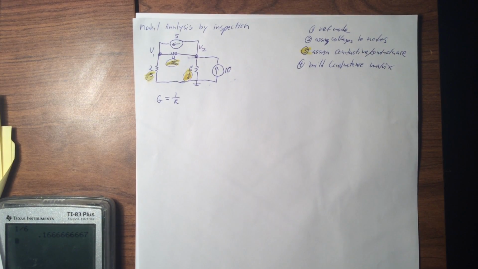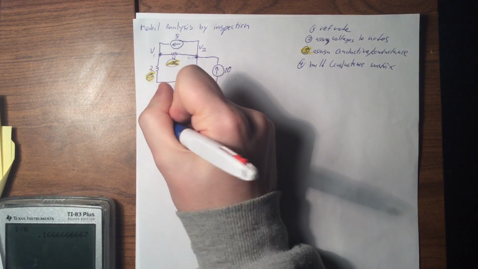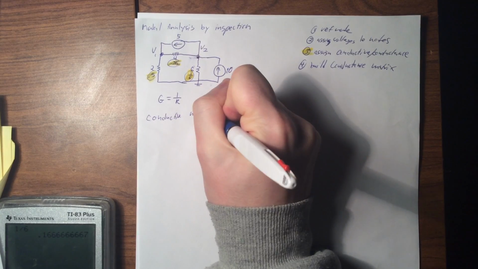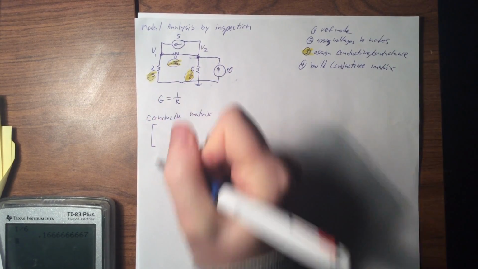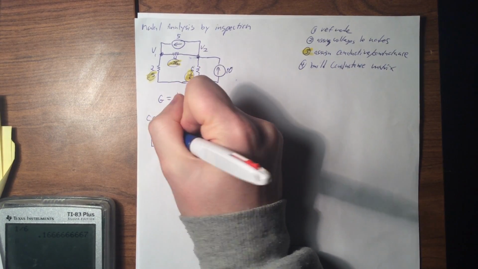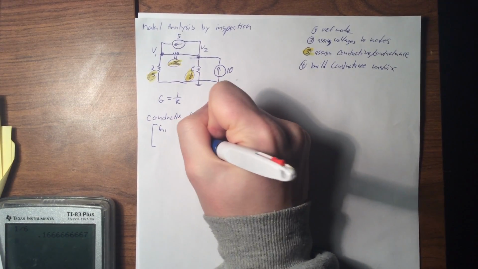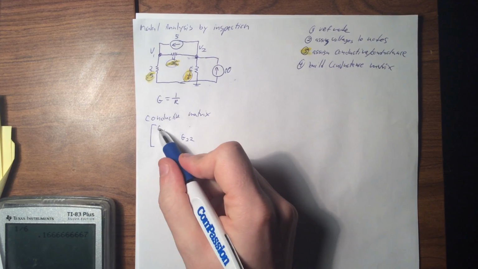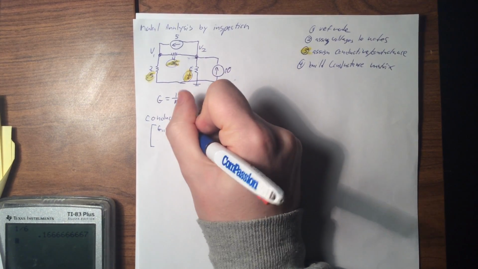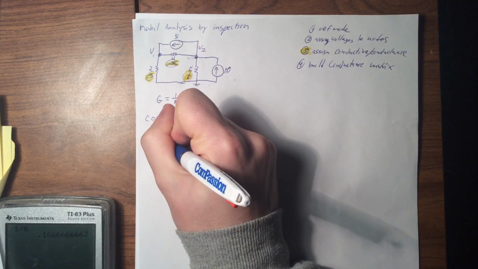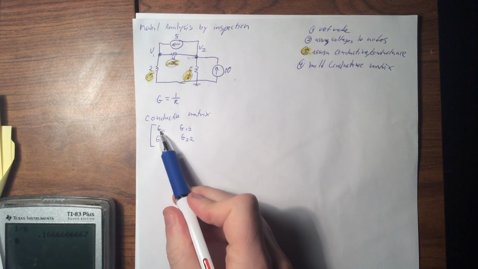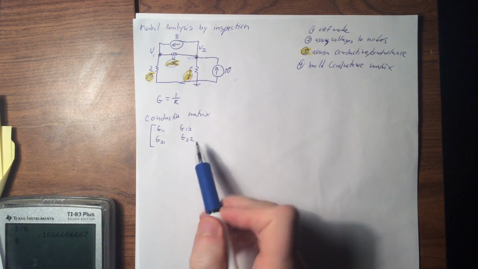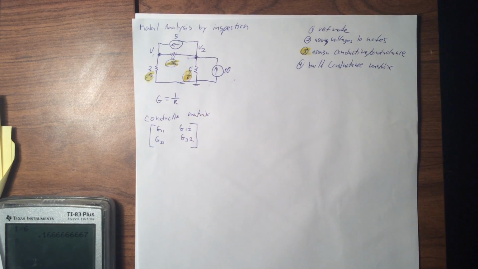We make our conductance matrix, and it's going to be G11, G22, and then the way I remember it is 1, 2, and then 2, 1: G12, G21. So 1, 1, 2, 2, 1, 2, 2, 1. Cool. That is our conductance matrix.